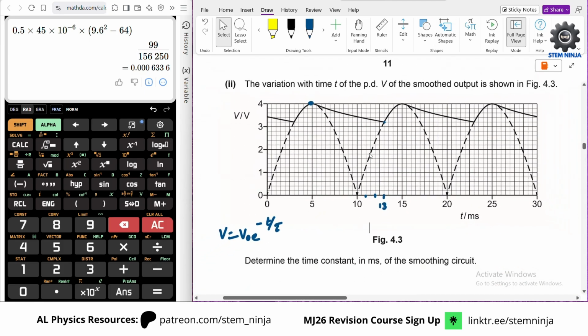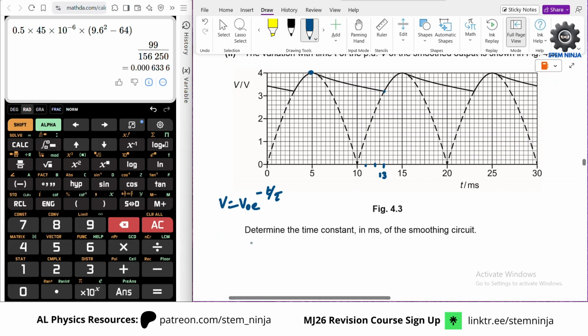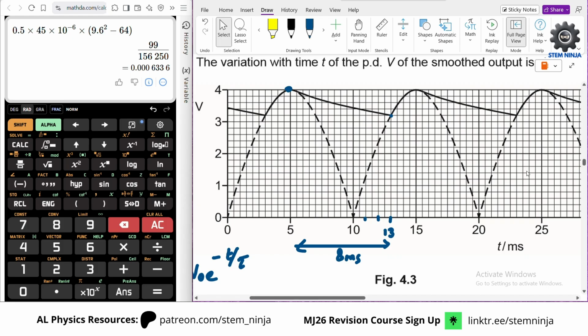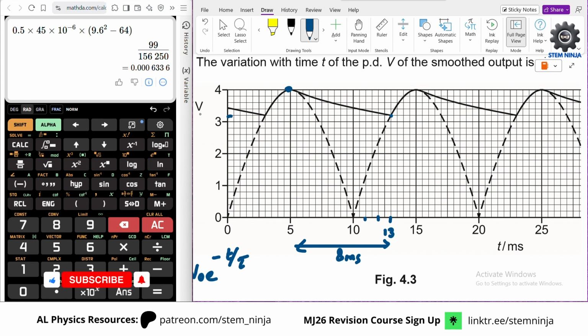Okay, so it's starting with 5, the time difference between them is 8 milliseconds, and the voltage drop is, let's see, 3.2. So this is 3.2. So the voltage drop would be 0.8.